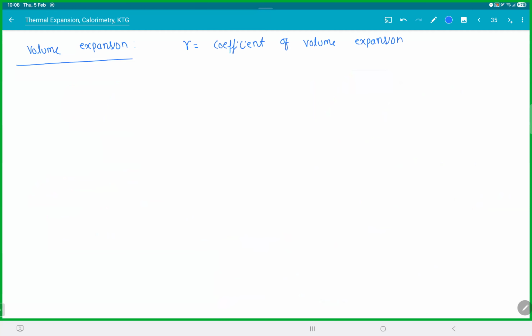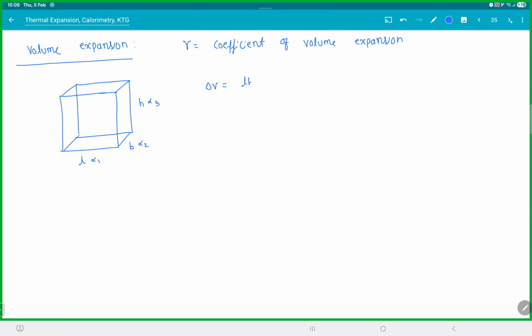There's nothing called linear expansion of a gas or linear expansion of a liquid. But gases and liquids have volume. So if you take a cuboid, let's say L, alpha 1, B, alpha 2, height, alpha 3, you know those things, same standard story.